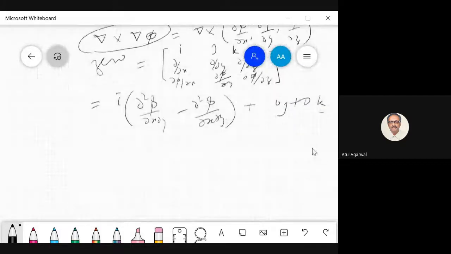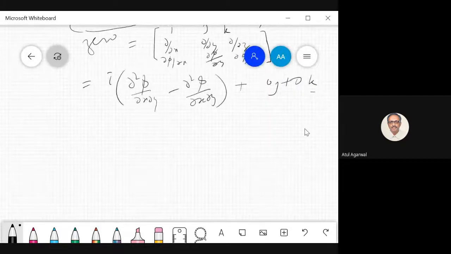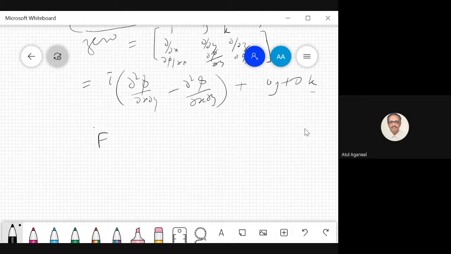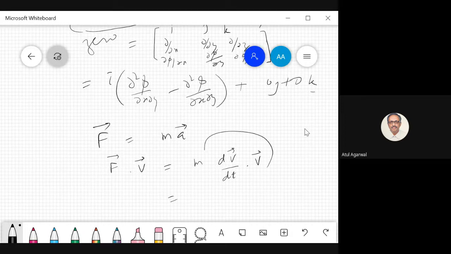One more simple basic stuff I will talk about. Suppose you are given F is equal to ma. So a particle is accelerating under a force field. If you take its dot product with velocity, what do you get? What is this term?